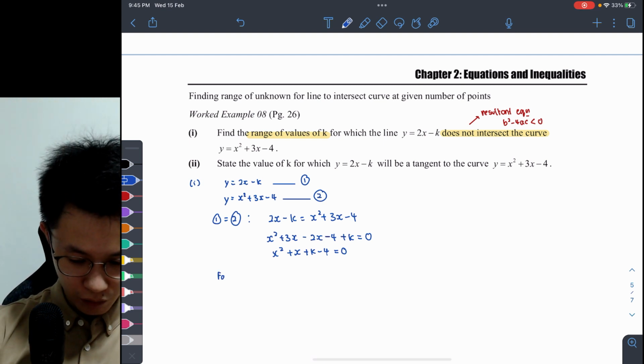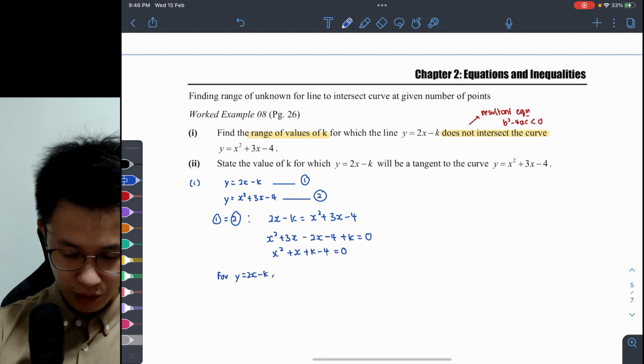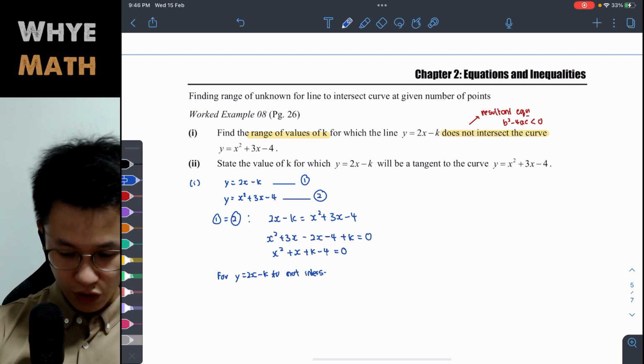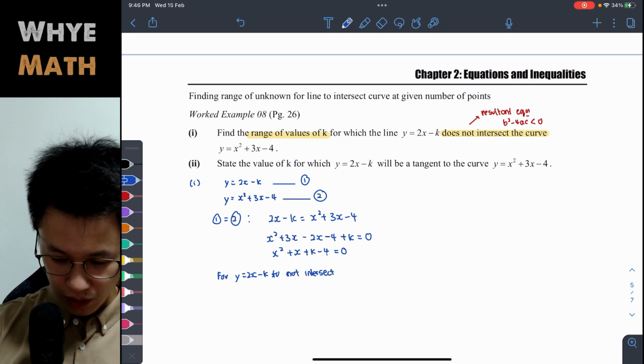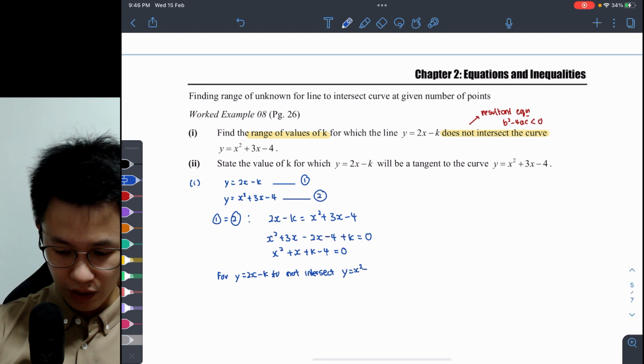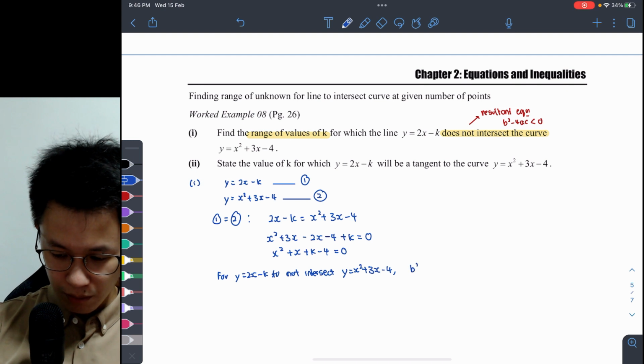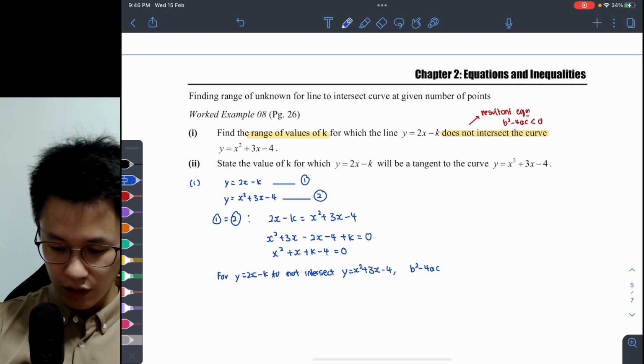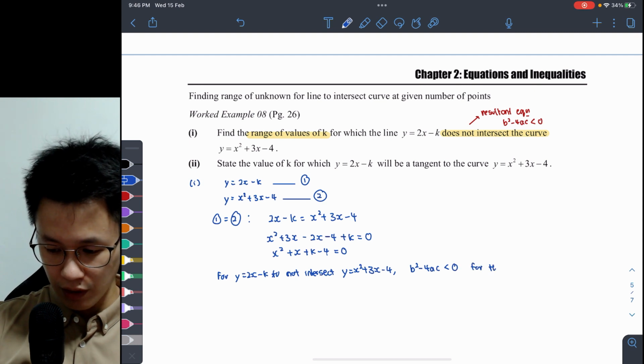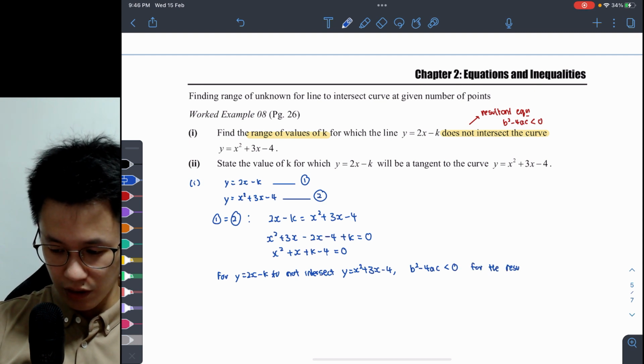So I would say for y equals 2x minus k to not intersect the quadratic curve, which is y equals x squared plus 3x minus 4, b squared minus 4ac must be less than 0 for the resultant equation.